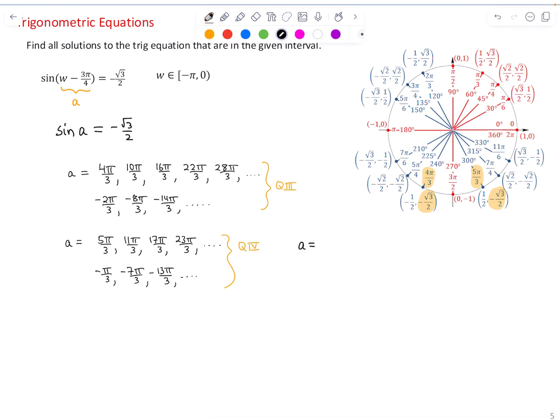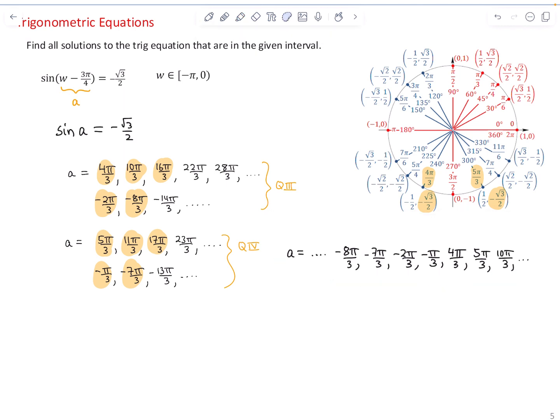Try to put all these answers together, sorted, and it's not always easy to know how long of a list you should make. You can always add to it or remove from it, but I'll begin making my list with this negative 8 pi thirds, then this negative 7 pi thirds, so I'm increasing towards 0, then this negative 2 pi thirds, then negative pi thirds, then 4 pi thirds, then 5 pi thirds, then 10 pi thirds, then 11 pi thirds, then 16 pi thirds, then 17 pi thirds, etc. So here's a sorted list of all the different possible values for A, at which the sine is negative rad 3 over 2.